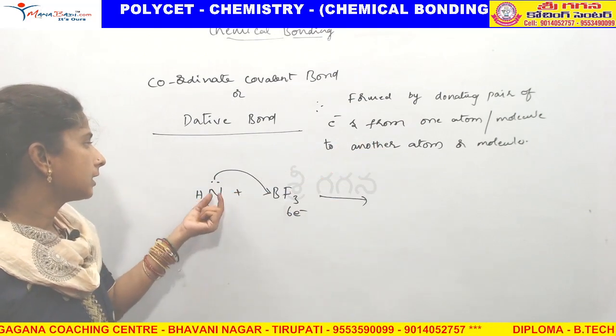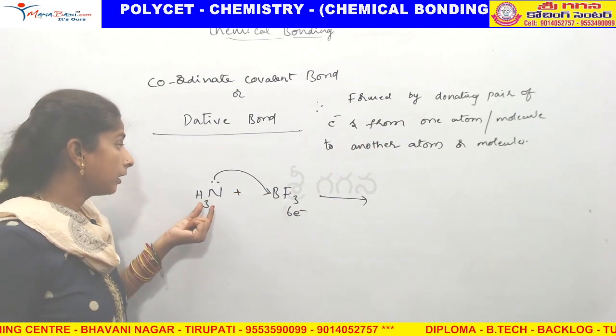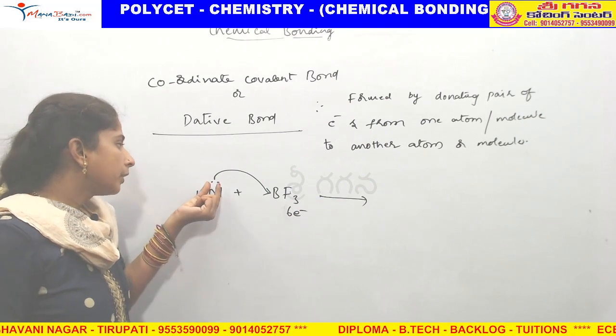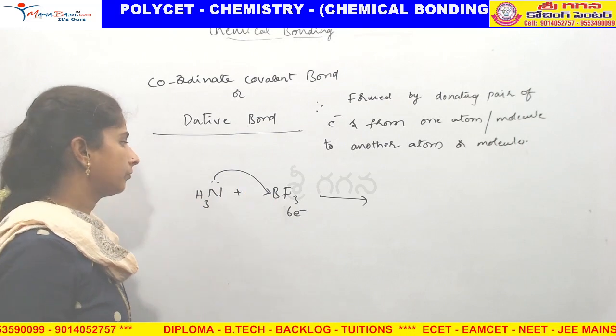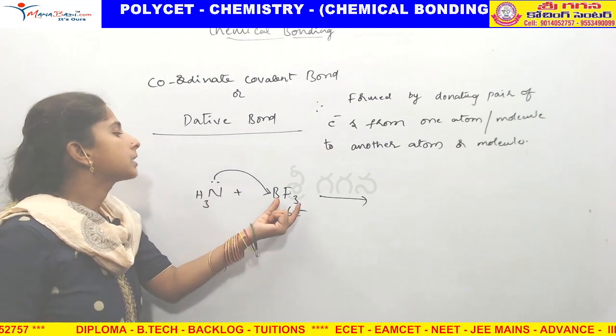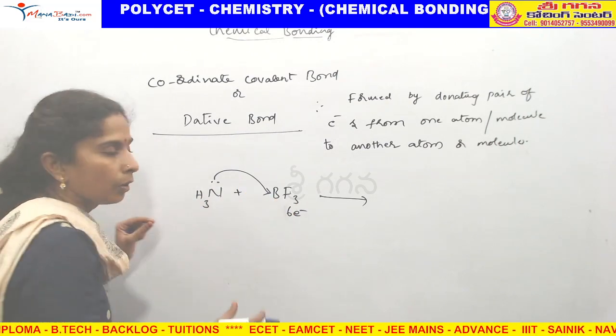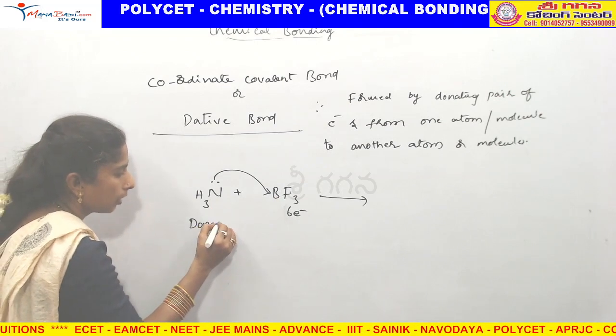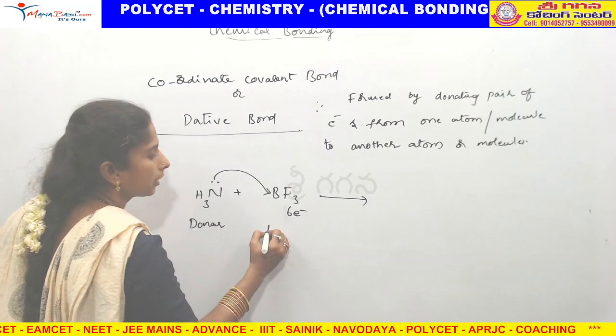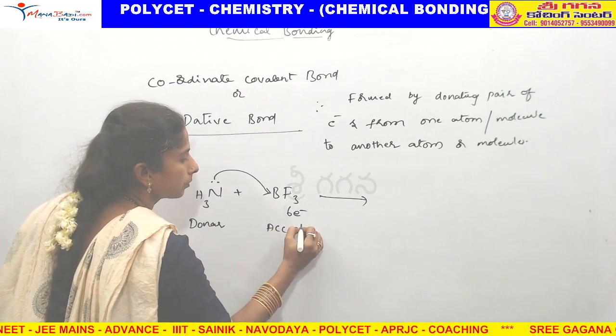So NH3, this lone pair, not NH3, nitrogen only, nitrogen is donating the pair of electrons to the BF3. So it is accepting the pair of electrons. Those who donate the pair of electrons are called the donor. Those who accept the pair of electrons are called the acceptor.